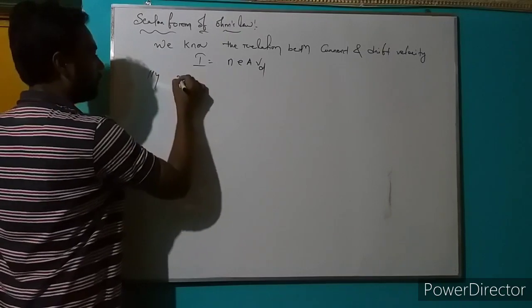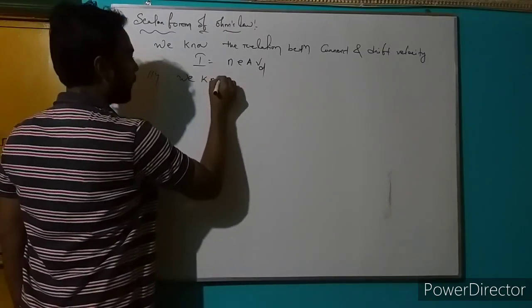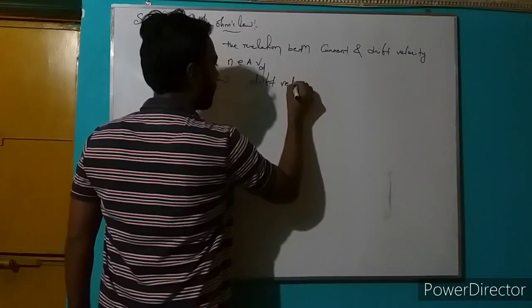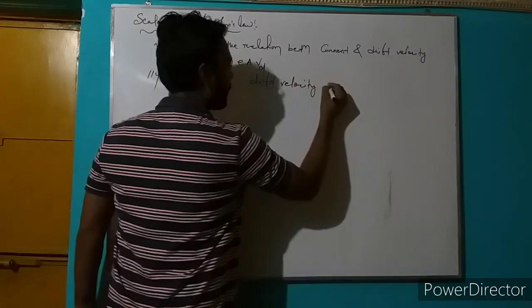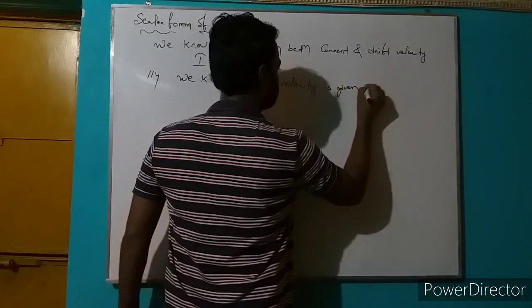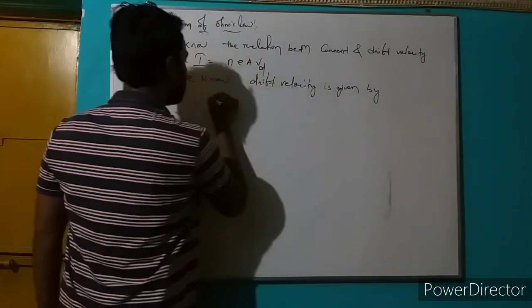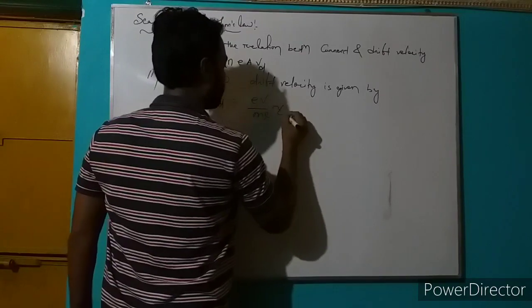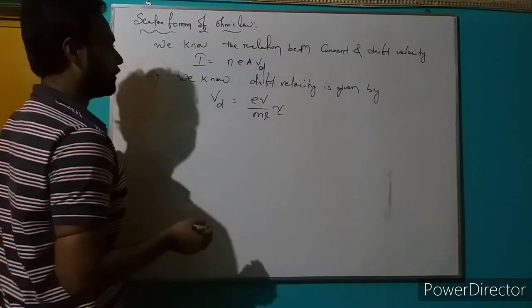Similarly, we know drift velocity is given by Vd equal to EV by ml into tau, the average relaxation time. Clear?